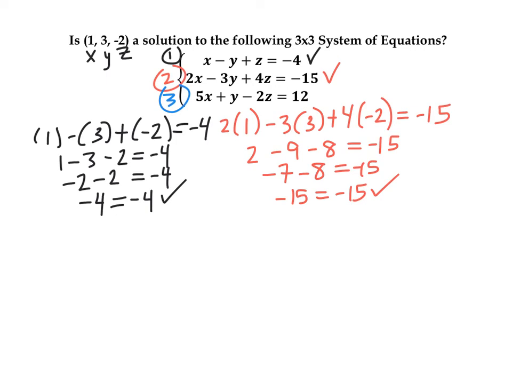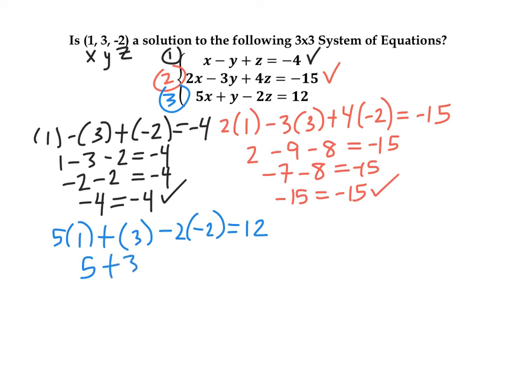So I'm going to check the last one, and I'm going to plug in this third equation in color blue. So I have 5x. X is equal to 1, so I'm going to put 1 for x, plus y, which is 3, minus 2z, which is negative 2, equals 12. 5 times 1 is 5. 3 stays the same.